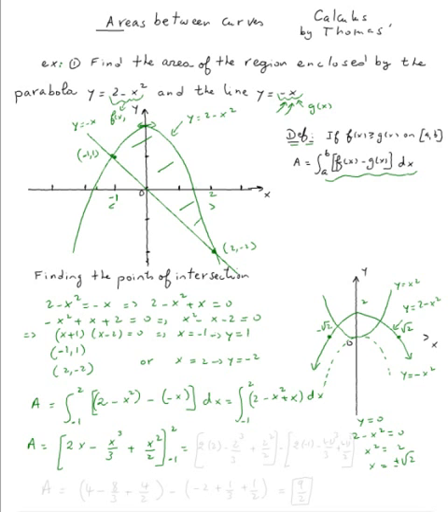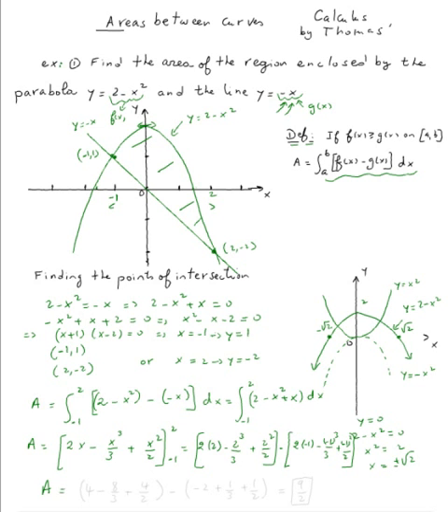So plug in the 2 first: 2 times 2 minus 2 cubed over 3 plus 2 squared over 2, minus, and then plug in negative 1: 2 times negative 1 minus negative 1 cubed over 3 plus negative 1 squared over 2.